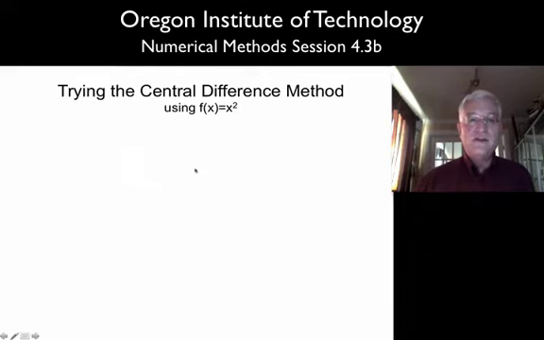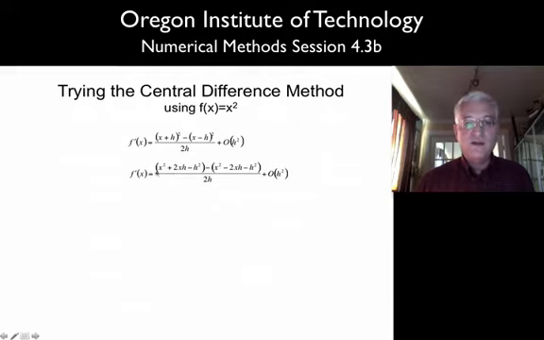And let's try the central difference method using the function x squared. Well, let's just go ahead and expand this out. We can do that. It's easy to take squares. So if I expand it out, I get this quadratic polynomial, and I get one very similar to it, except I have a minus 2xh comparing it to a plus 2xh.